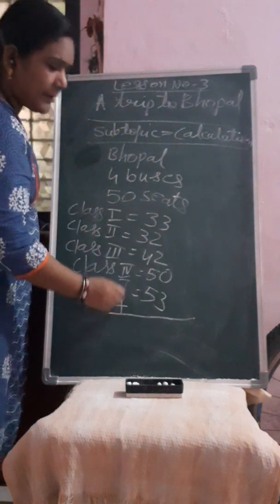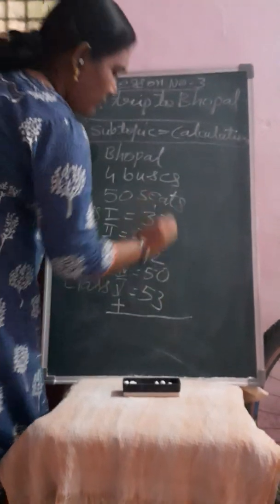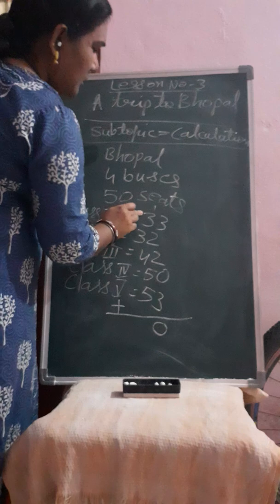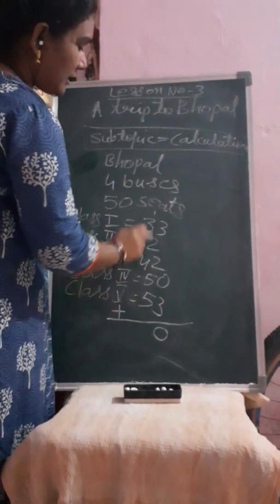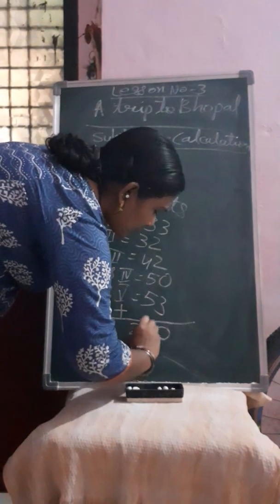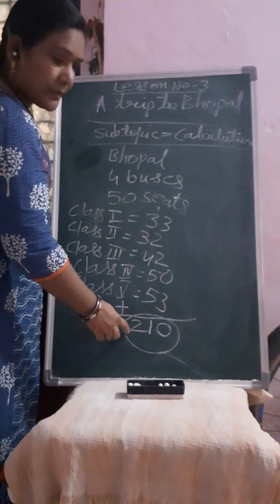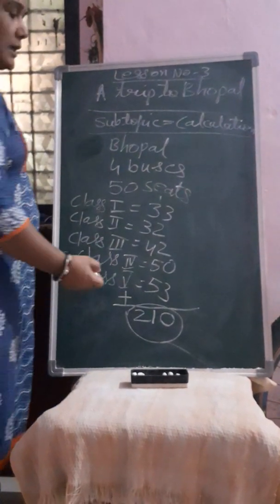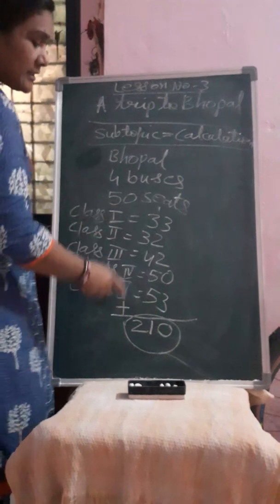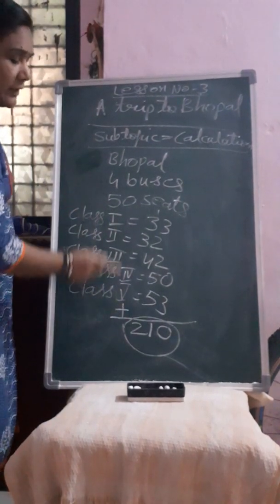We have to add. 3 plus 3 is 6, 6 plus 4 is 10, 10 plus 5 is 15, 15 plus 5 is 20, 20 plus 1 is 21. So the total number of students is 210. There are 210 students.